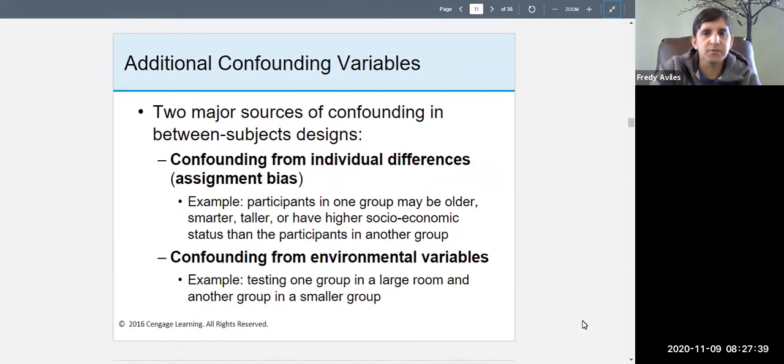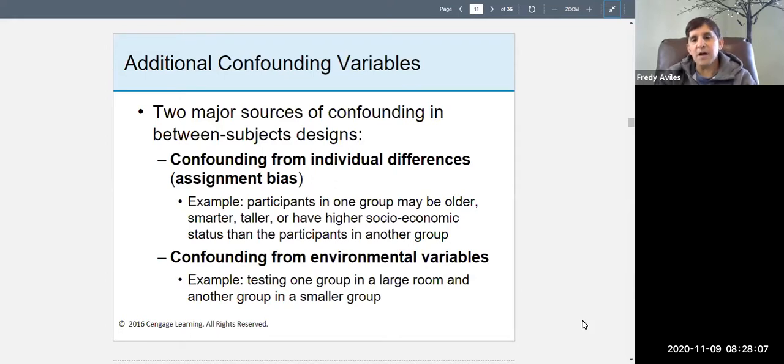Additional confounding variables, okay? There's actually two major sources of confounding variables in between subjects designs. You have confounding from individual differences that we just talked about. That's called assignment bias. As examples, participants in one group may be older, they may be smarter, taller, they can have a higher socioeconomic status. That means that they're relatively richer, let's say, than another group, or one group's relatively poor than participants in another group.